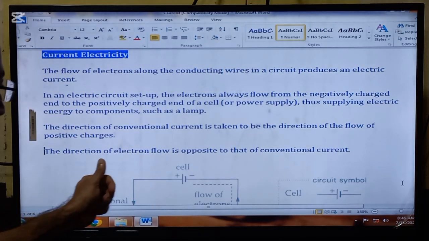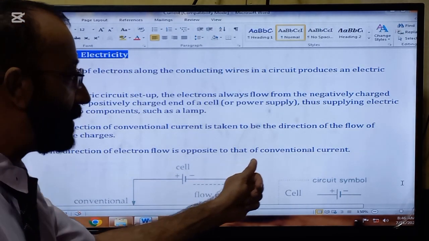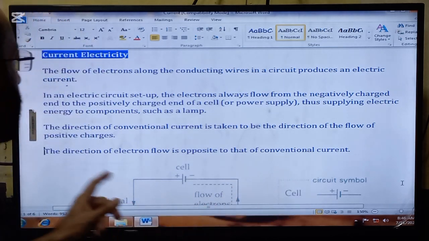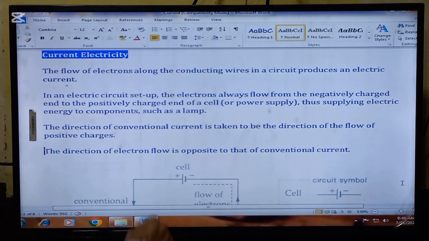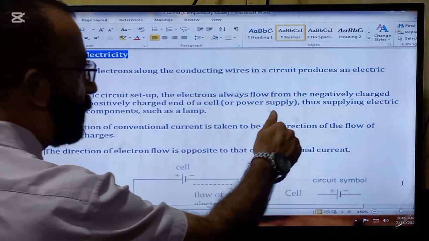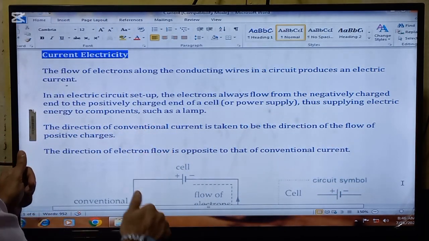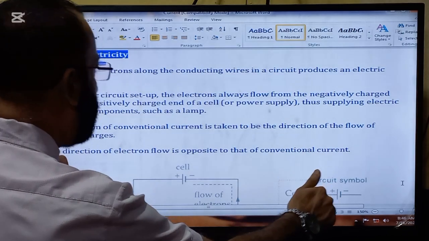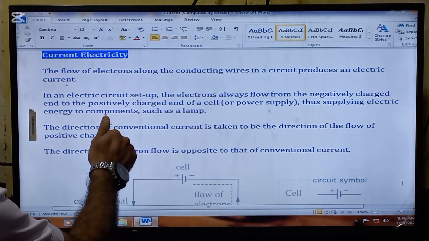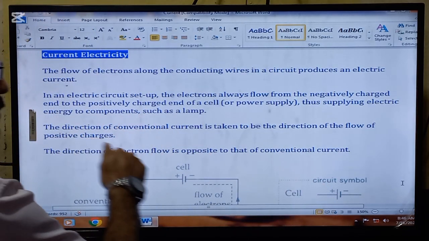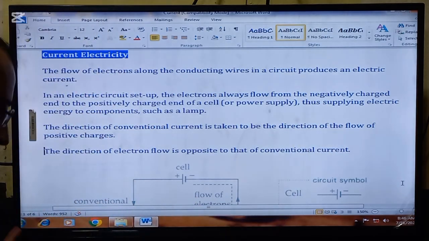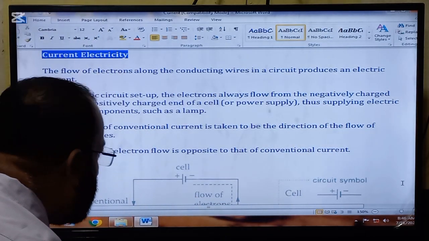So if electrons flow from the negatively charged end to the positively charged end, then conventional current flows from the positively charged end to the negatively charged end.